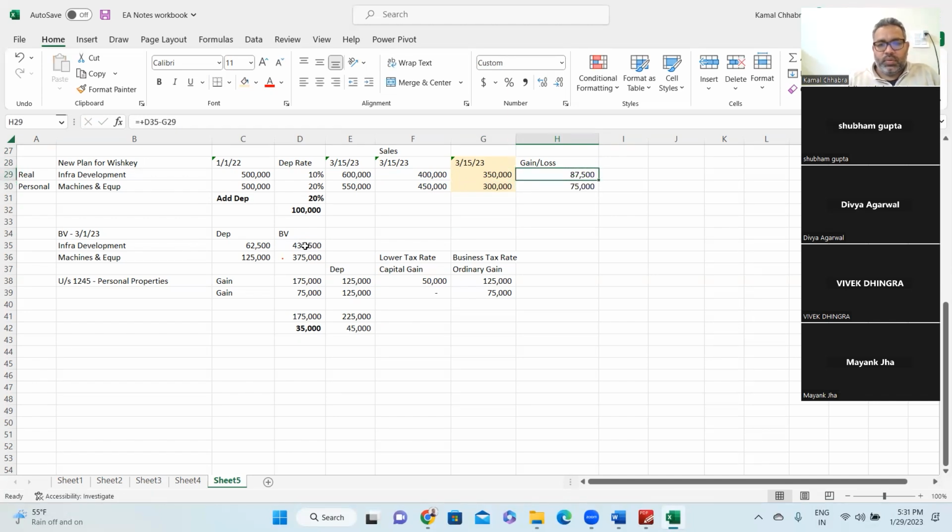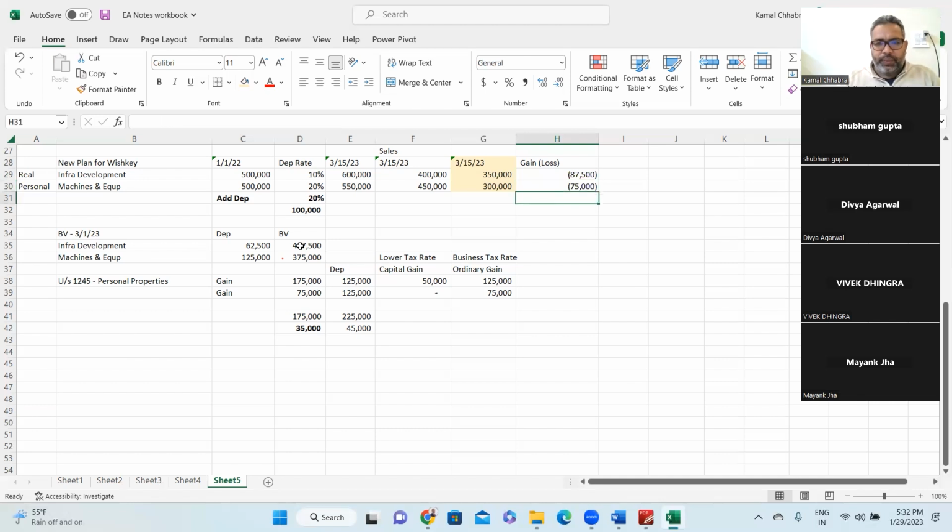So, sales minus the book value. So this is your loss. In both scenarios, you have losses. So now under section 1231, you have these two assets. Both the assets have a loss, unfortunately.